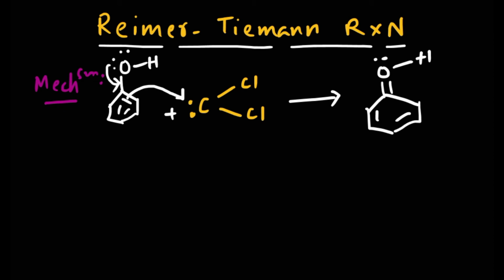So now count the electrons: 1 2 3 4 5. So 5 valence electrons in oxygen, but there should be 6 valence electrons in oxygen, as its atomic number is 8. So here the oxygen is electron deficient, so we have to write a positive charge here.